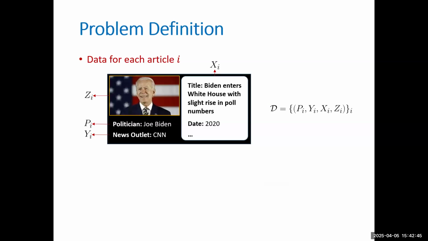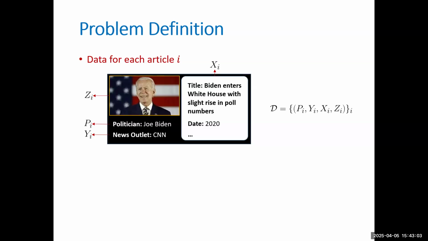All right. So just to define the problem, this is the data structure that we have. As you can see, this is the image. So it's an article. This is the image, here Joe Biden, denoted by Z_i, politician P_i, news outlet CNN in this case, Y_i, and the rest of the information we characterize with X_i.